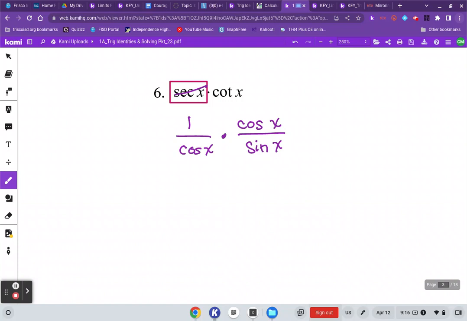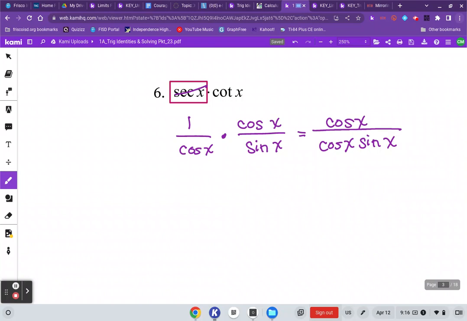Now I've got some multiplication, and this looks a little bit more reasonable to me. I see things in common. So if you multiply straight across the top, straight across the bottom, this is cosine of x times sine of x. We can just write them together.